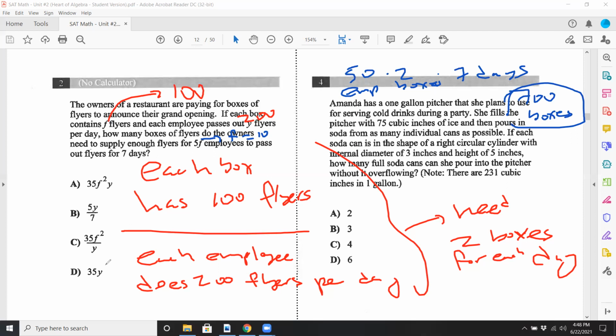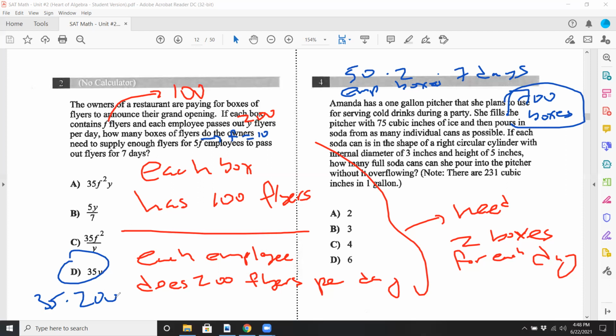So, wait, why am I losing my mind here? Hold on, 1 sec. I know the answer is D, but D is not working out right now. I'm trying to see what I did wrong. I've done this probably many times. I don't know why I'm struggling here.